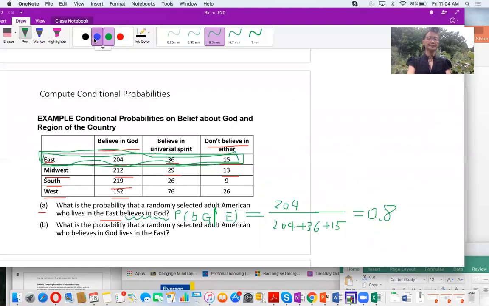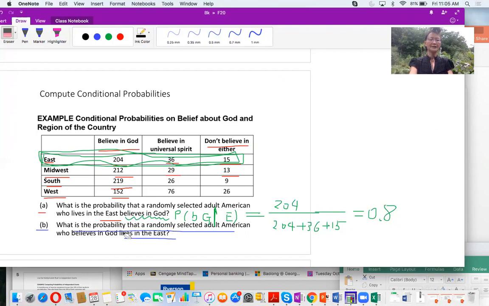Next question. What is the probability that a randomly selected adult who believes in God lives in the East? The first question asked the probability that an adult who lives in the East believes in God.